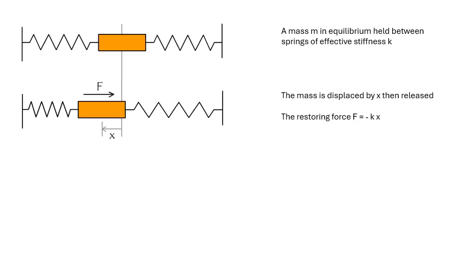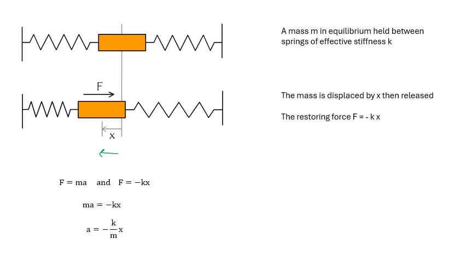If we displace it, imagine it's like a trolley and you pulled it that way and gave it a negative displacement, the restoring force is in the opposite direction, so the acceleration will be in the opposite direction. So F equals minus Kx.